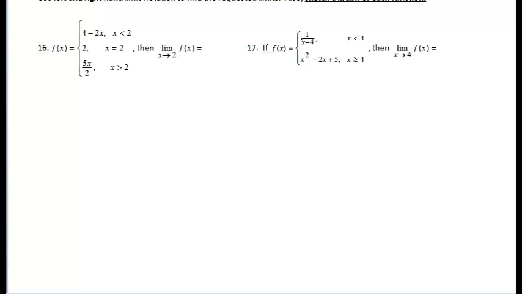If you look at 17, the top piece is the reciprocal function, not bad. But the bottom piece is quadratic, and it's not in vertex form, so I can't quickly identify the vertex. That would make it more challenging to graph without a calculator, so you might want to pick up a calculator and graph it. If this is a place where you'd want to stop the video and attempt them on your own and then come back and confirm with my graph, you might want to pause the video right now.